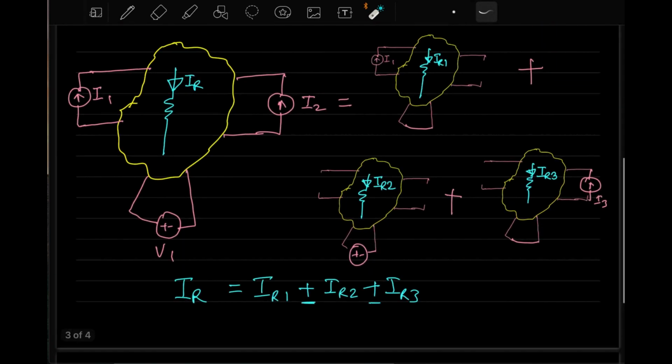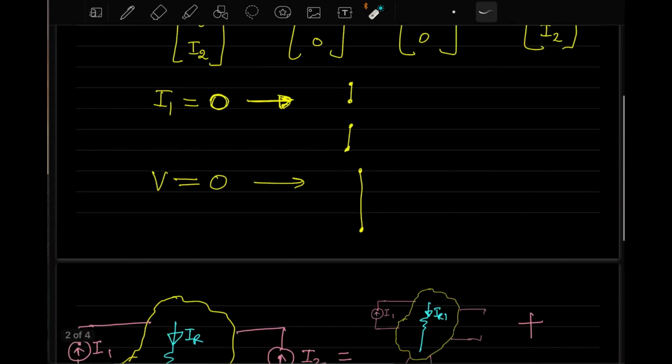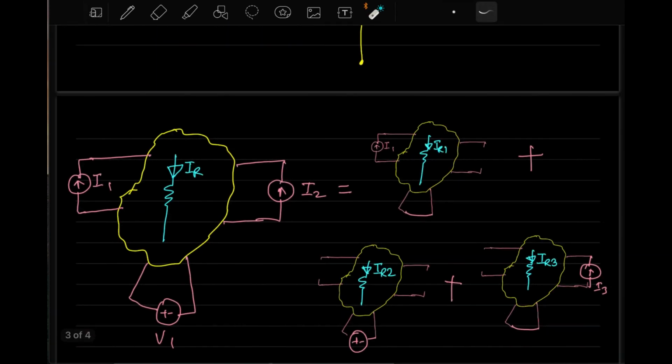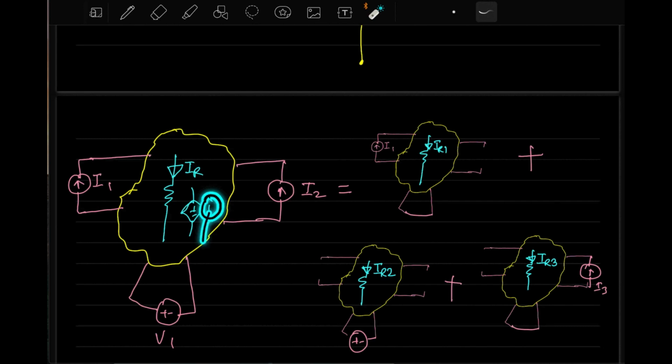Sir, can superposition also be applied to controlled sources, like a voltage-controlled source? See what I told, controlled sources will be inside this network. You cannot apply superposition to controlled sources. The controlling voltages for this particular controlled source will also be inside this network only. You cannot have this controlled current source from some other network.